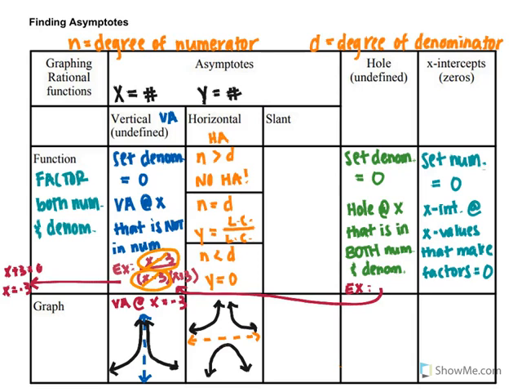Since that factor x minus 3 was in both the numerator and denominator, that is actually where a hole is. A hole, for that example, is at the point with our x value at positive 3. And to get our y value, we would just plug that into our function.